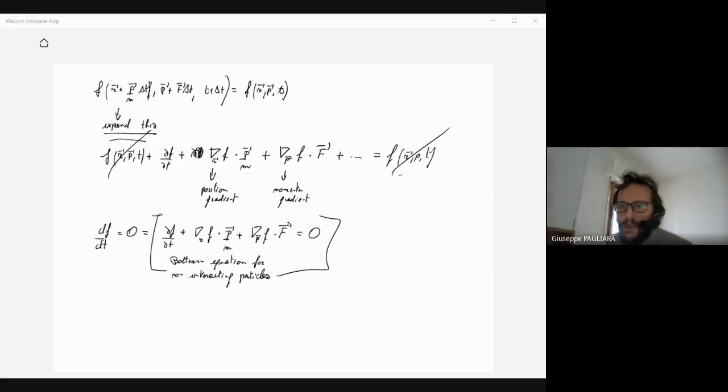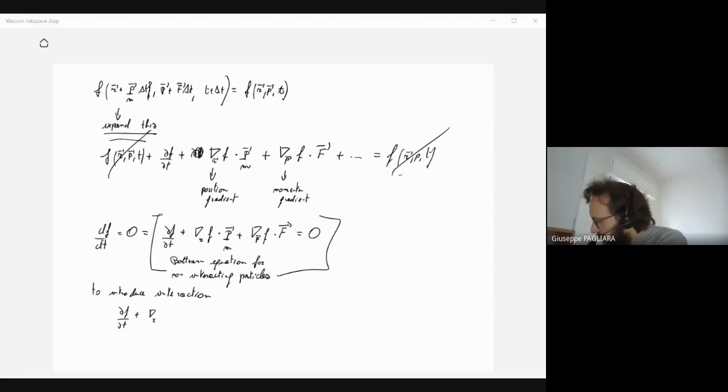Now, the thing is that now we want to introduce the interactions, and to introduce interaction, this is done in an empirical way. So to introduce interaction, one does the following trick. We write df dt plus gradient r of f scalar p divided by m plus gradient p of f scalar f. This is a total derivative.